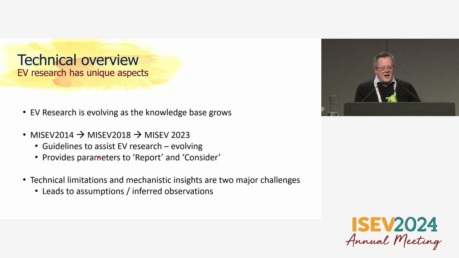And an important thing about these guidelines is that they don't tell you exactly what to do, but they provide parameters for which you report. So that's how you communicate your results, and also things to consider when you're designing experiments. So again, take a good critical look at things like these guidelines to help you consider best practice, how to design those experiments, and also the kinds of parameters you need to report so others can hopefully repeat your experiments.